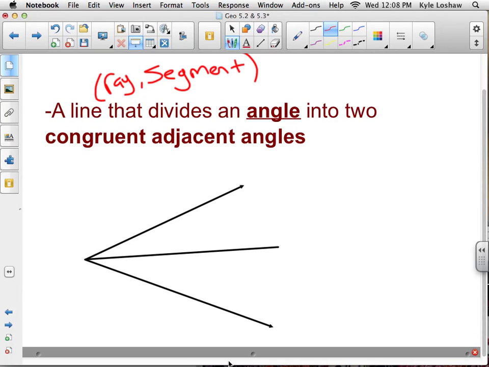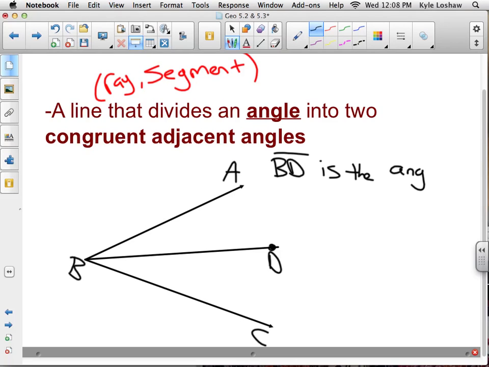So let's use this example real briefly. If I want to label this, we're going to label this angle down here angle ABC, and we'll make this point right here D. So we know from this diagram, we're going to state that segment BD is the angle bisector.